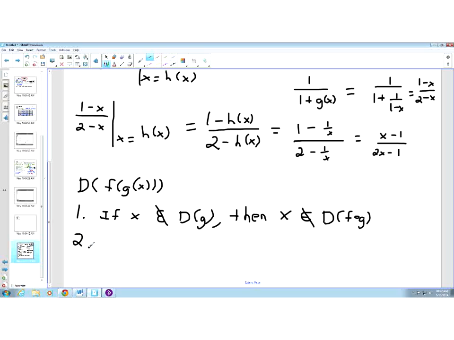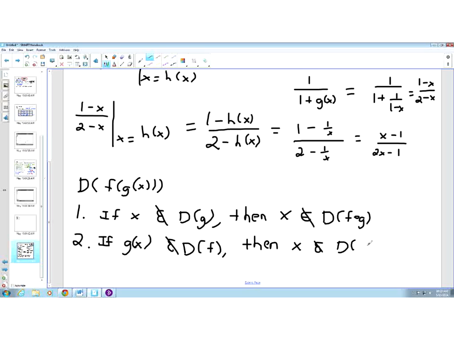The other rule, concomitant with this, is if g of x is not in the domain of f, it's not an element of the domain of f, then x is not an element of the domain of the composition.